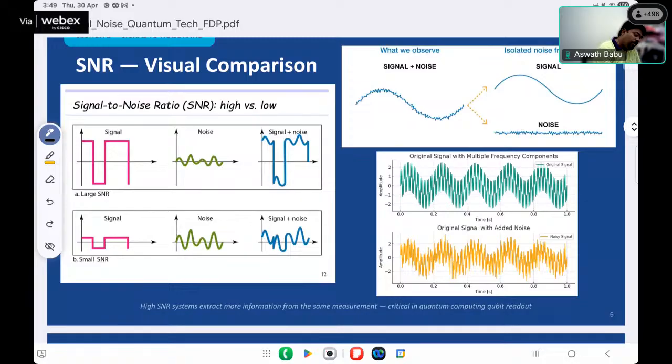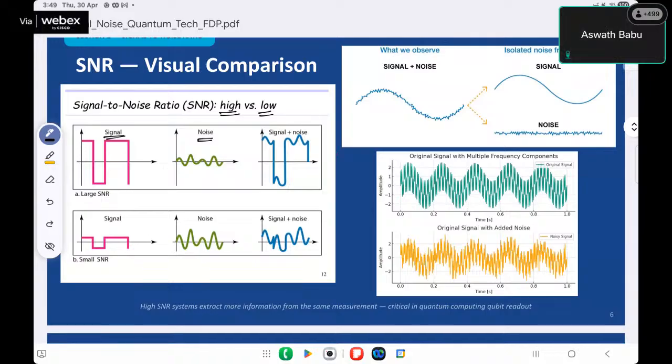You see, I pick the case of high and low SNR. Let's say my signal is some rectangular waveform. Noise is, let's say, 10% of the signal strength.